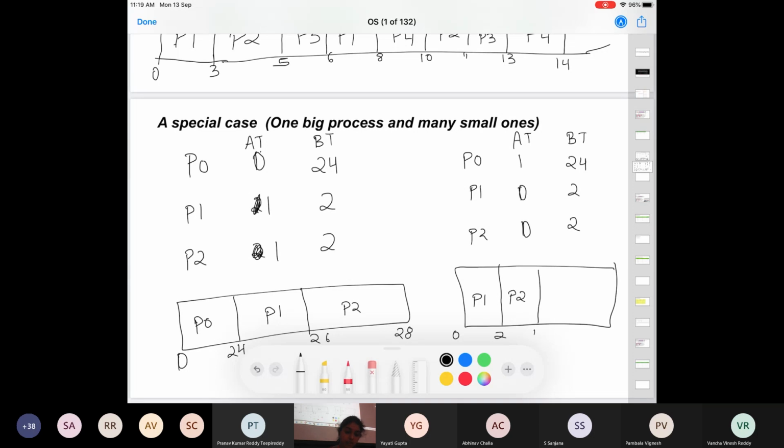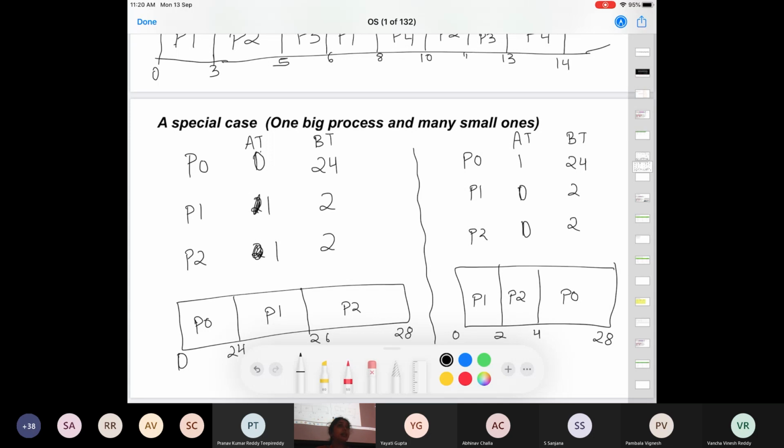P2 will execute till 4, and then P0 will execute till 28. Now if you compare both of these cases, CPU utilization is the same in both the cases. Throughput is also the same in both the cases. To remind you what throughput is, it is the number of processes you are completing in one unit time. I'm completing the same number of processes in 28 units of time. So throughput is the same.